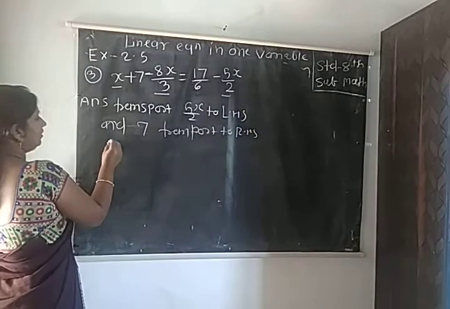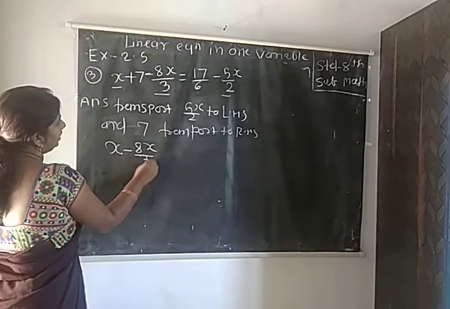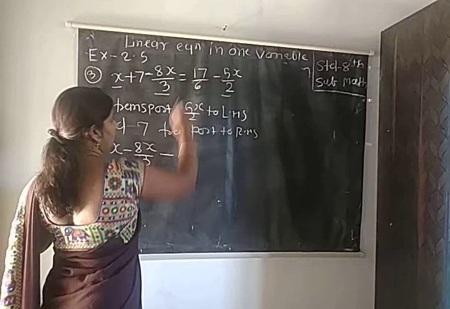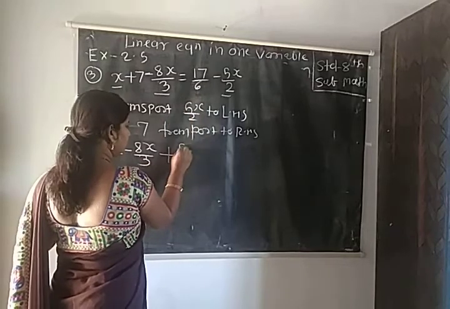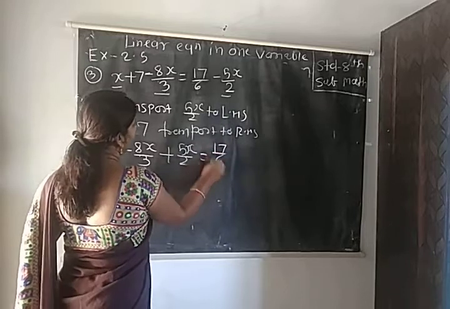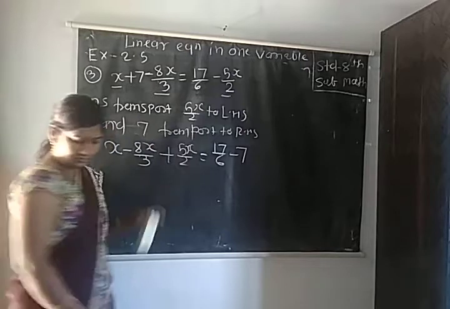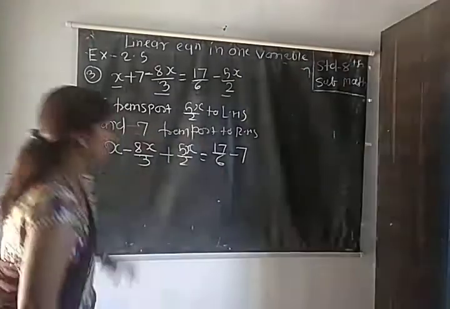Then what is the answer? x minus 8x upon 3. Then transport this 5x upon 2, minus a plus होगा. So plus 5x upon 2 is equal to 17 upon 6, और a plus 7 ट्रांसपोर्ट होने पर क्या होगा? minus 7. And then solve this.